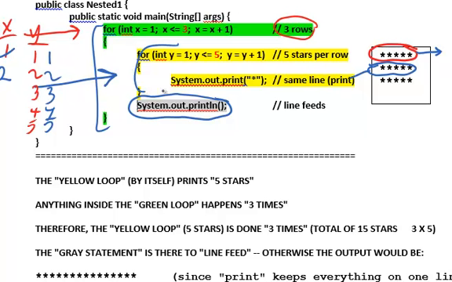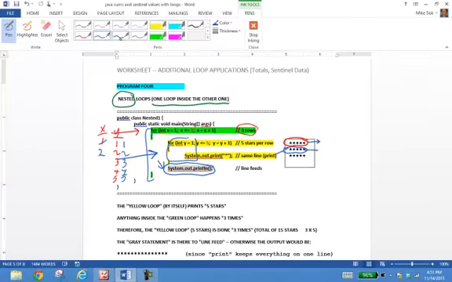Once this loop has been executed, I have the system out print line that drops me to the 3rd position. X now becomes 3, 3rd round. I'm going to make this a different color so it'll stand out a little better. X becomes 3, and Y starts over as 1, 2, 3, 4, 5. So again, for every round of X, there are 5 rounds for Y.